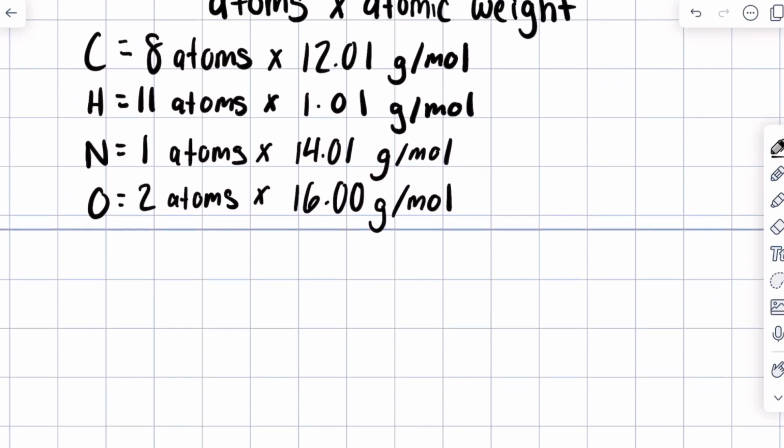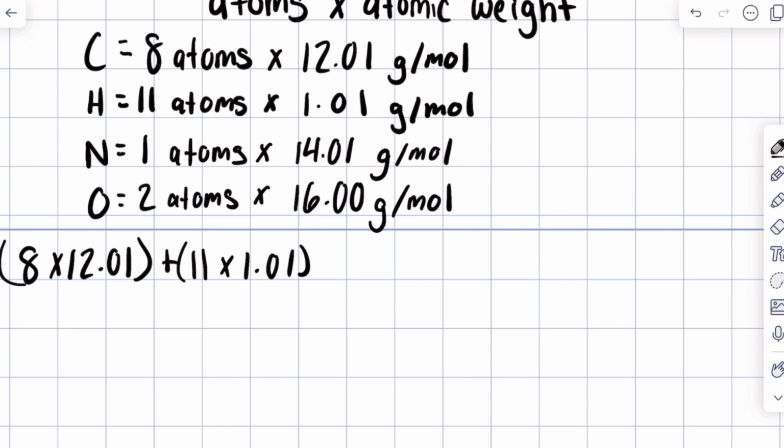So we'll be plugging in 8 times 12.01 parentheses plus 11 times 1.01 parentheses plus 14.01 plus 2 times 16.00 parentheses.